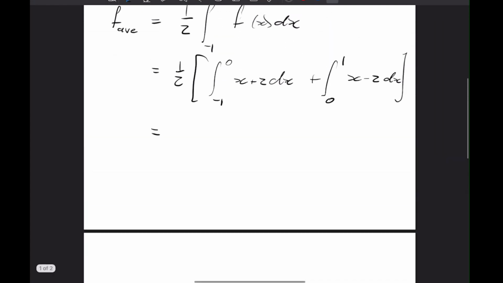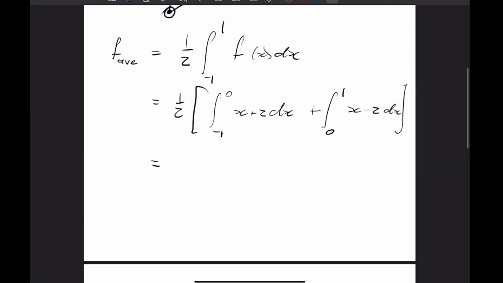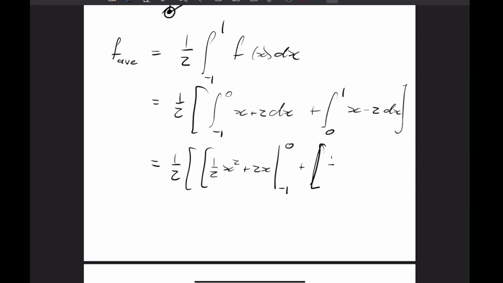And this integral is fairly straightforward. So what is that? That is a half x squared plus 2x evaluated between minus 1 and 0, plus the integral which becomes a half x squared minus 2x evaluated between 0 and 1.